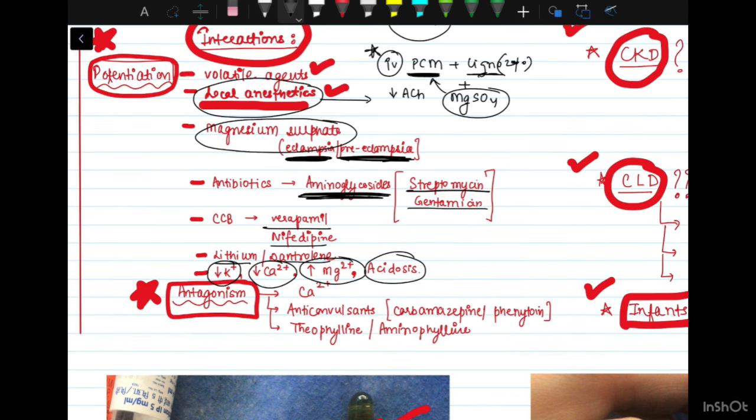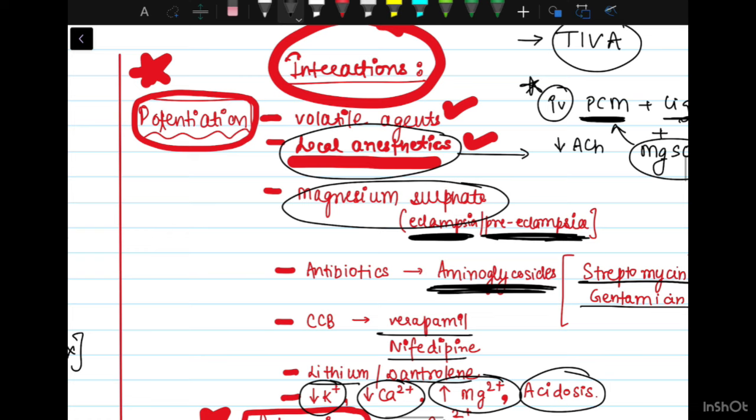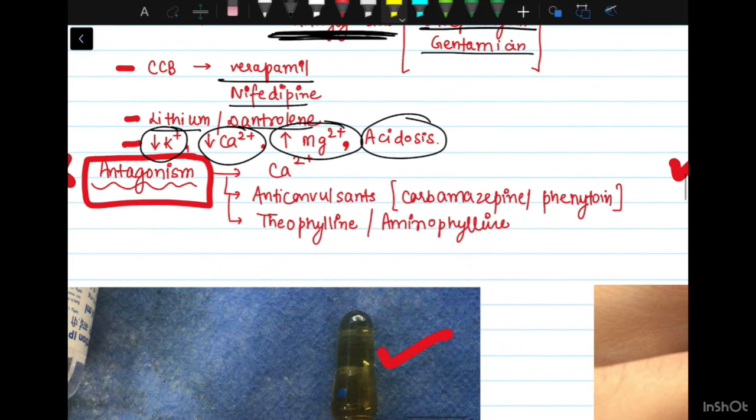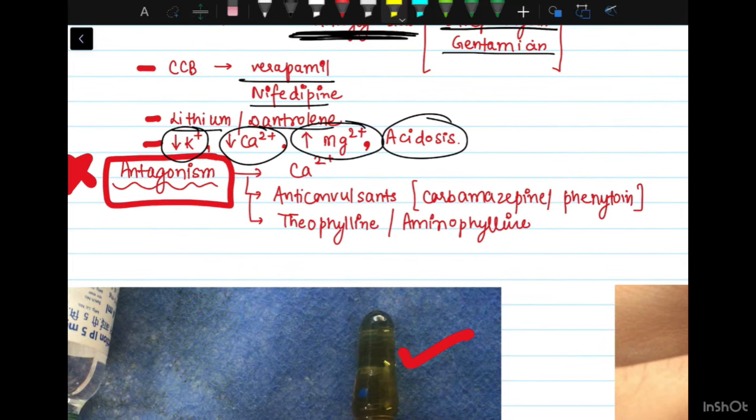These are very practical points: if you're dealing with any of these situations, the effect will potentiate. You have to reduce the dose, and reduce the frequency of administering the bolus doses as maintenance.